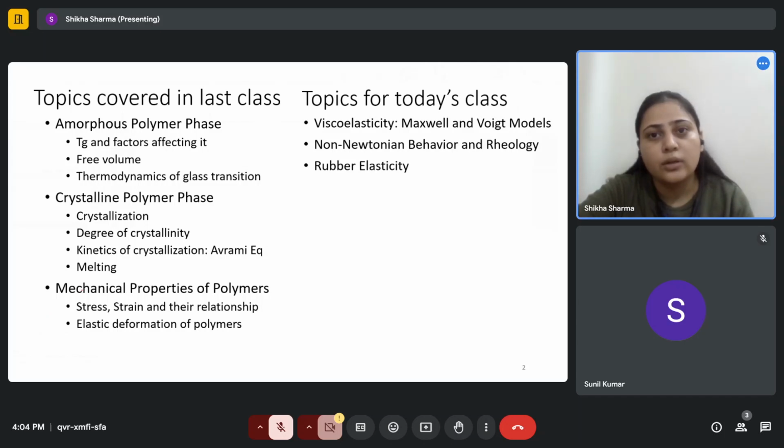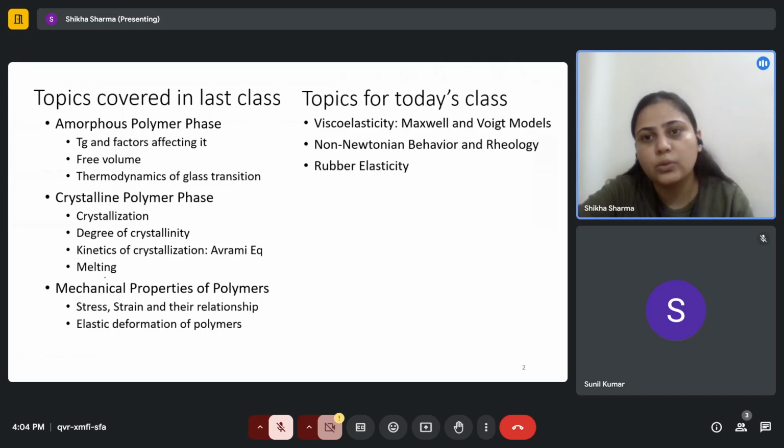Now, in week 7, which is today's interaction session, we will be trying to cover topics like viscoelasticity and the mechanical models like Maxwell and Kelvin-Voigt models. And then we will understand how the rheology in a polymer acts. Basically, polymer rheology is related to the non-Newtonian behavior.